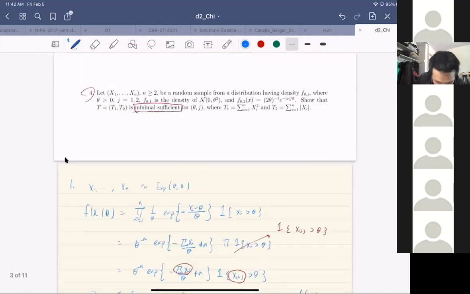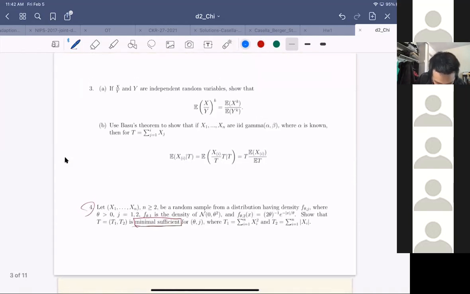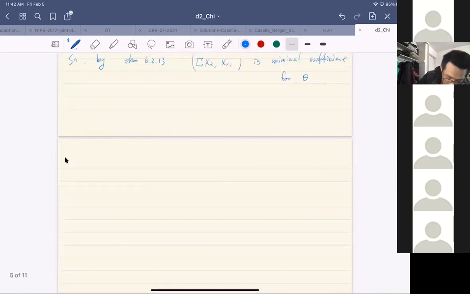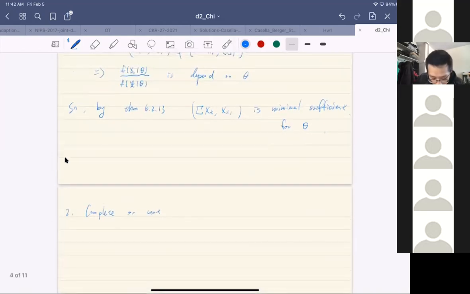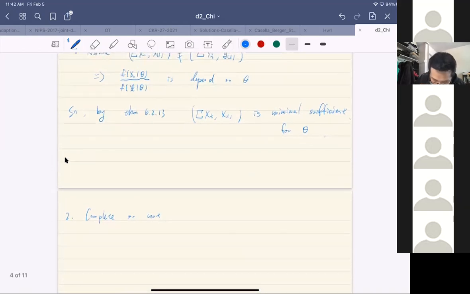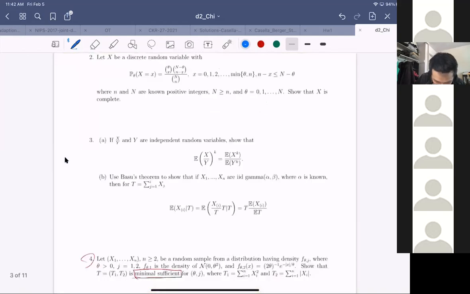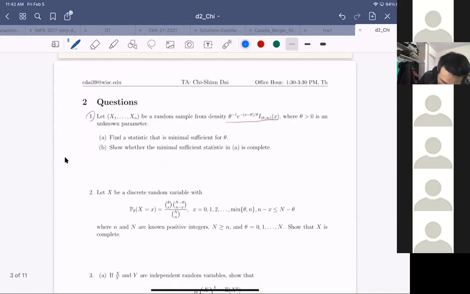And so this is the first part, and the second part is complete statistic. Complete or not? Usually this type of question wants us to show that it's not complete.